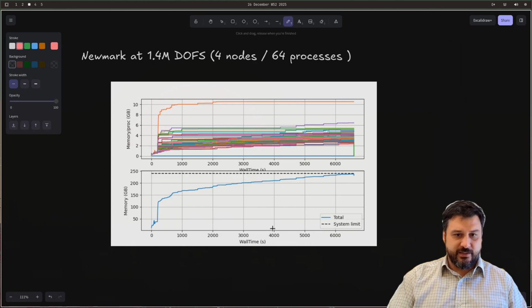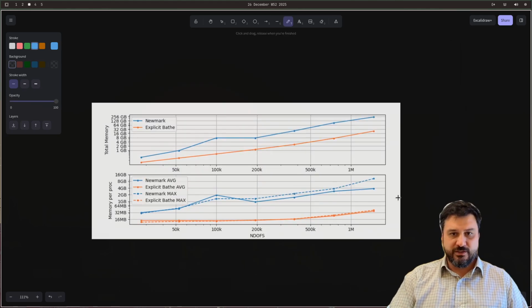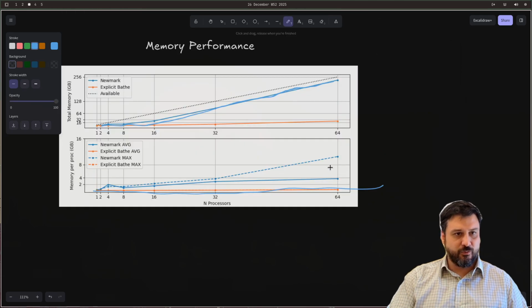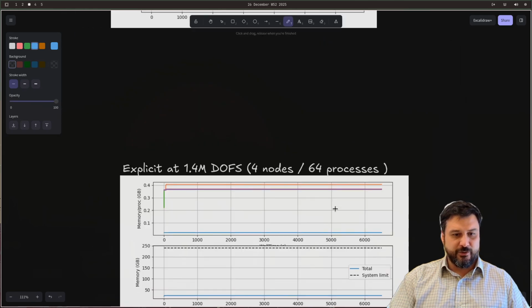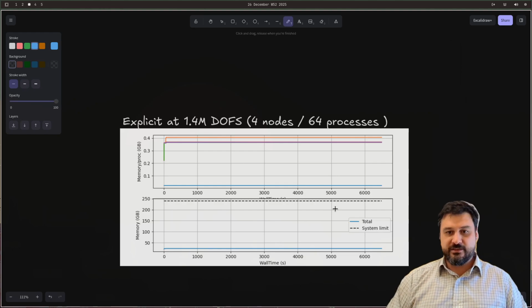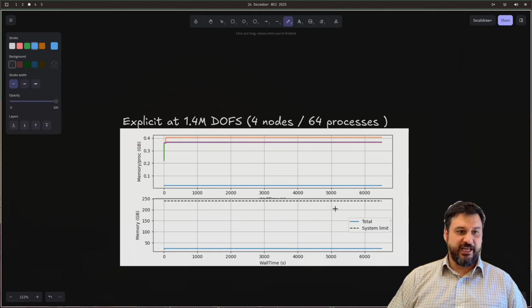Okay, so we can see up here the total system available memory, and if you add all these lines up, you get this other blue line over here, and basically you run out of memory after some time for this 4-node 64 process, which is the last point in this plot, I guess, the 64 one. That's how much memory you're using. And this is the explicit method. It just does not grow.